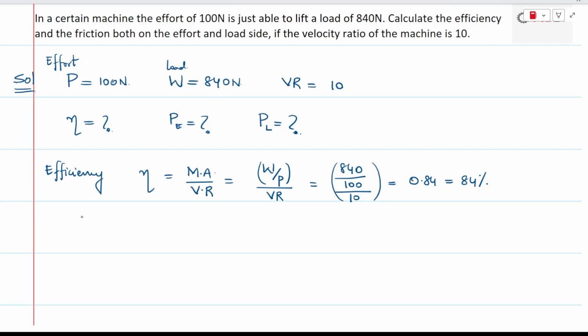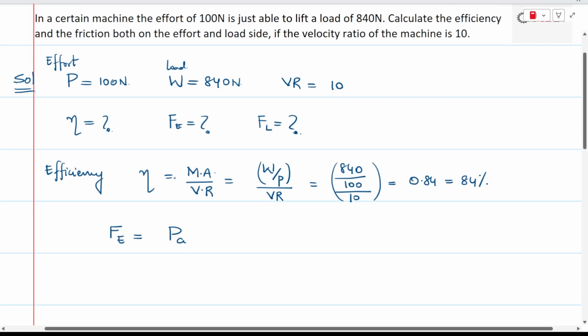Now friction on effort side is required to be calculated. Let me designate the friction with F, as we are designating the effort with P. So friction on effort side, that is FE, is equal to the effort which is actually applied, P actual, minus the ideal effort, P ideal.